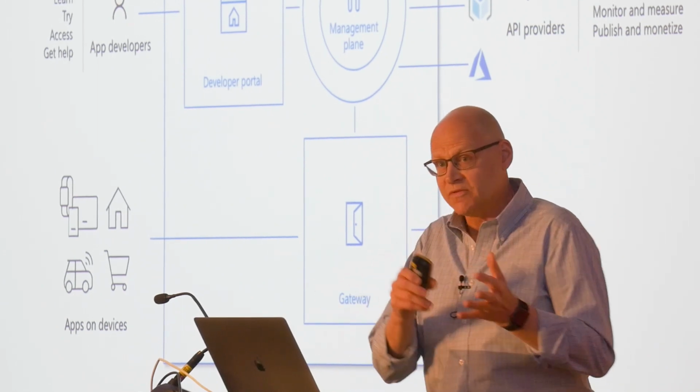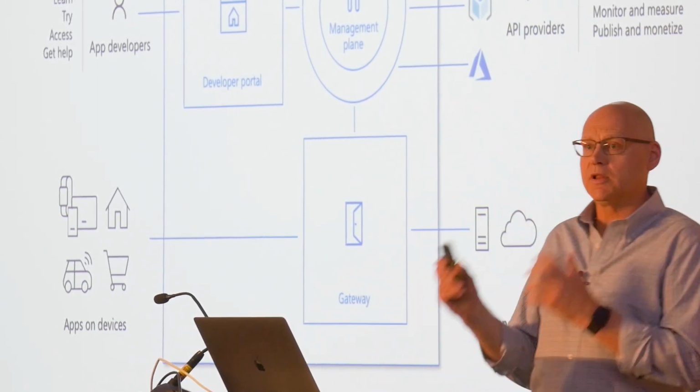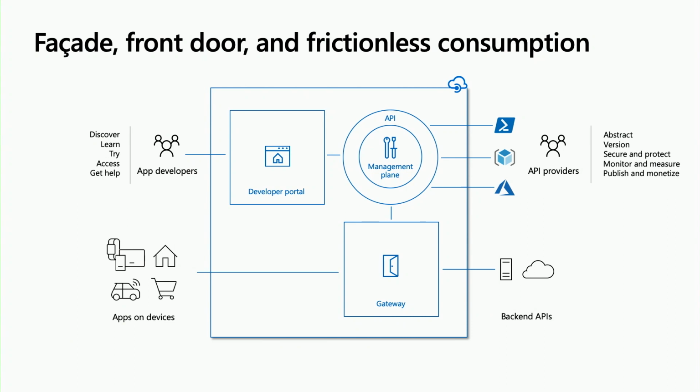App developers interact with the product through developer portal. That's where they can discover APIs that you published, onboard to use them, learn about how to use them, get some assets to get started, and interact with the API without writing a line of code. Gateway mediates communication between apps and backend APIs.